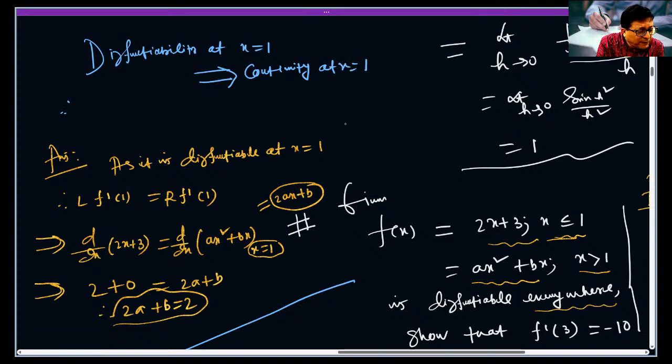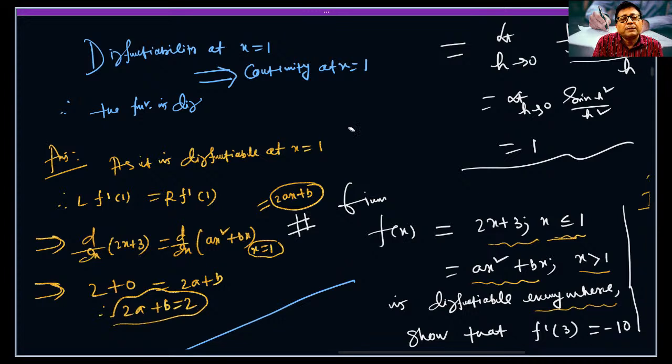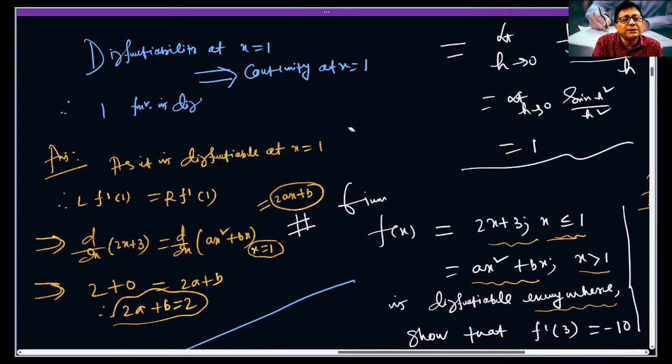Therefore, the function is continuous, differentiability at x equal to 1 means continuity at x equal to 1.